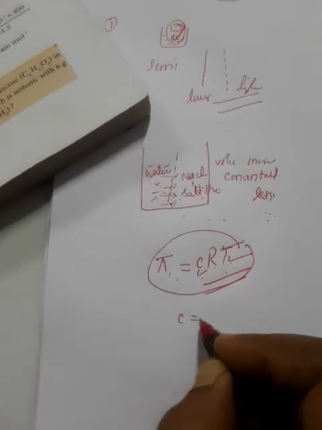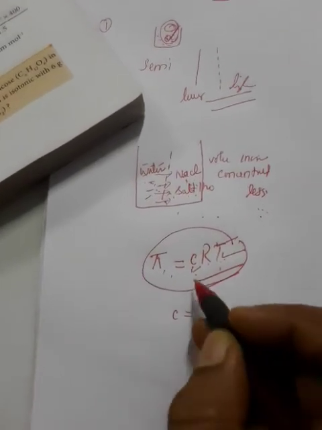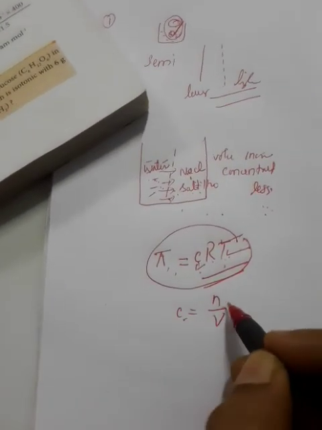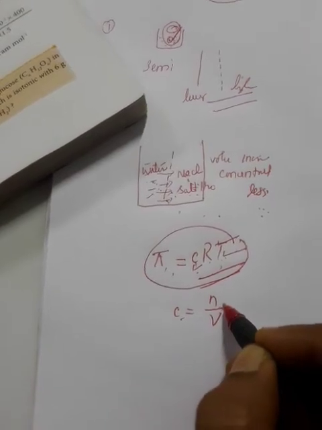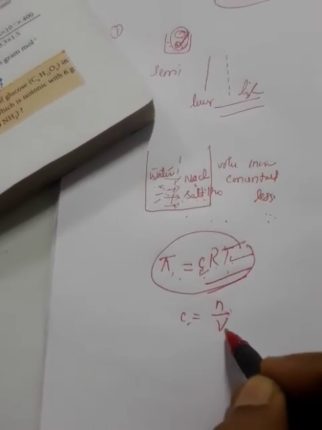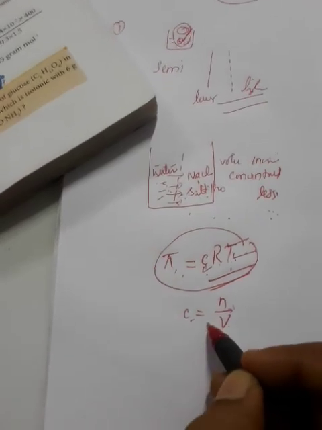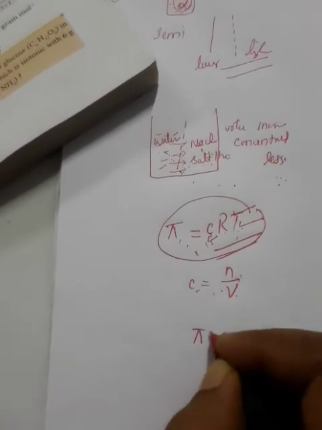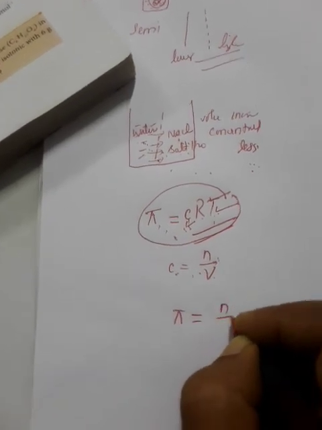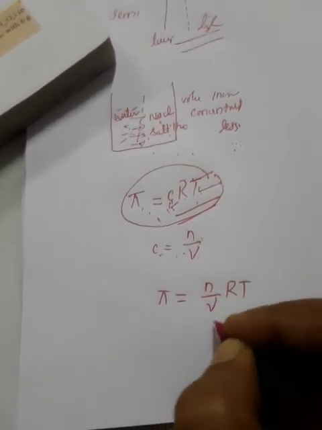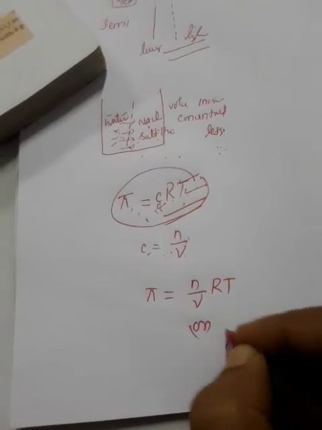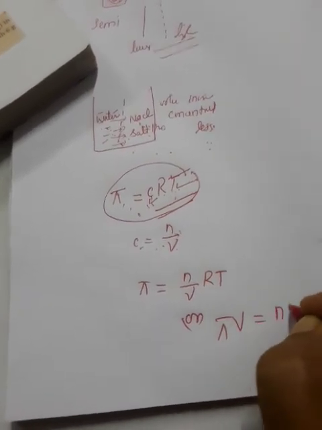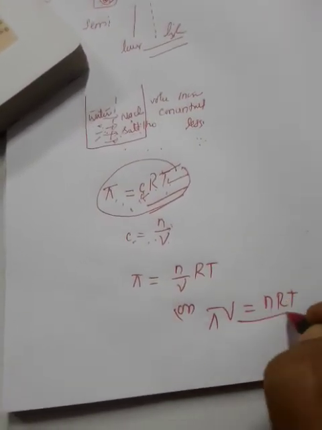From this, C is equal to n by V. What is C? n by V. n means the number of moles of solute dissolved in V liters of the solution. Apply this C in this equation. So, pi is equal to n by V into RT. Pi V equals nRT.